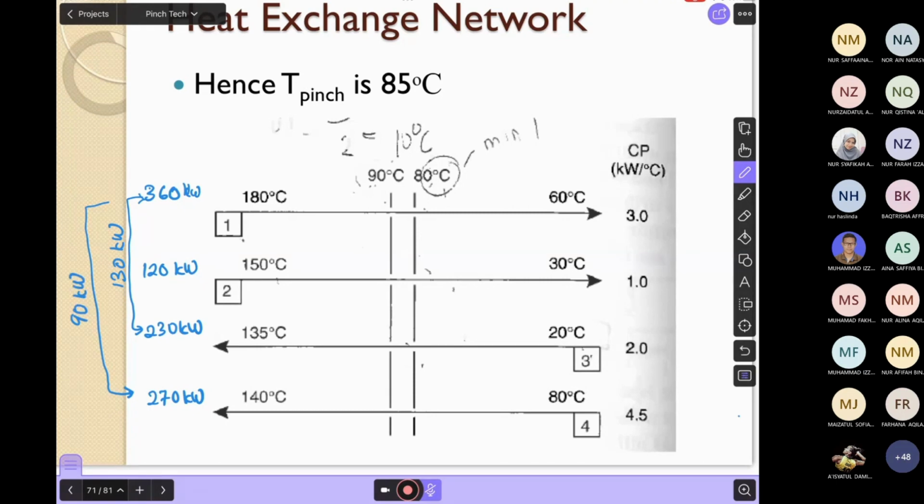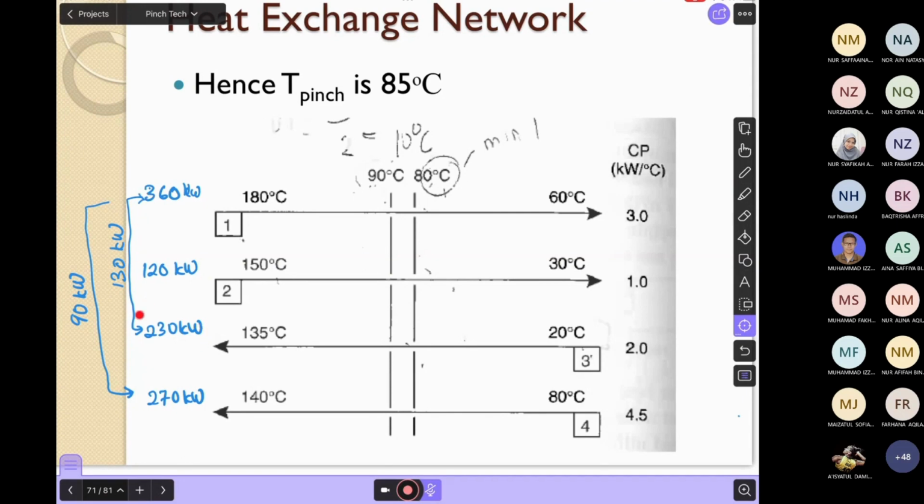Now what is happening here is that you have to look at a pair. The pair that we have here, let's say stream number 1 and stream number 3.